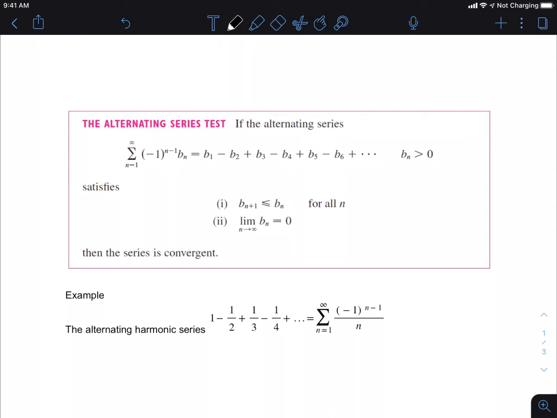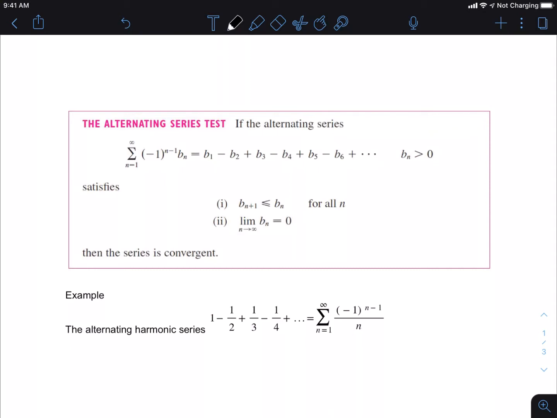We can compare the next term to the previous, and if the next term is smaller than the previous term for all of the terms, that's the first condition, as long as that's satisfied. And then if we take the limit of the term as it goes to infinity, if it goes to 0, then we know that this series is going to converge.